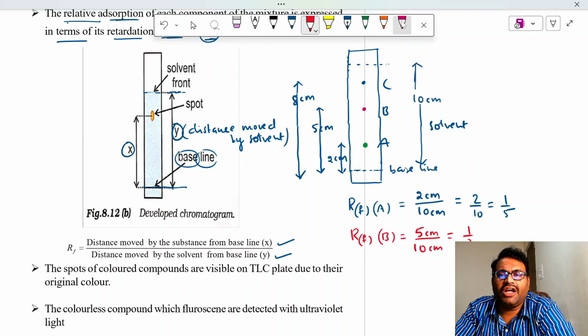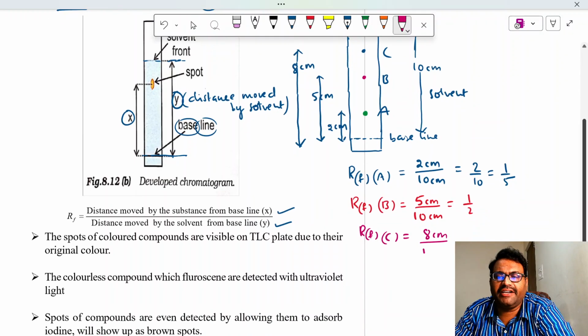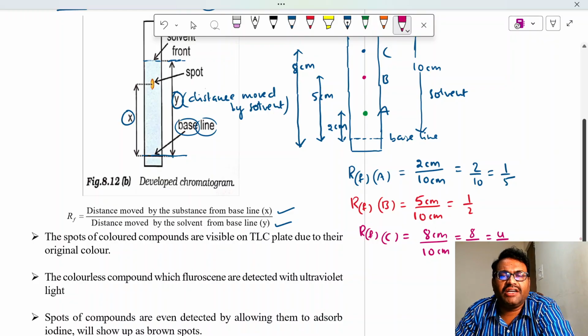Then coming to RF of C: the distance moved by C from the baseline is 8 centimeters, and the solvent moved 10 centimeters, so that is 8 by 10, that is 4 by 5. So this is how to calculate the RF. Most questions in previous entrance exams on chromatography are asked on RF. We need to know how to calculate this retardation factor.